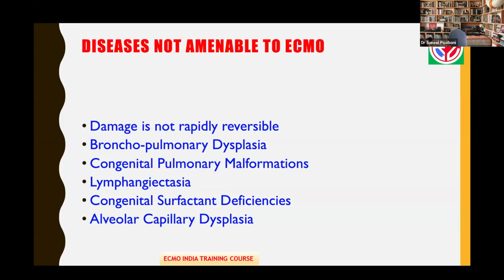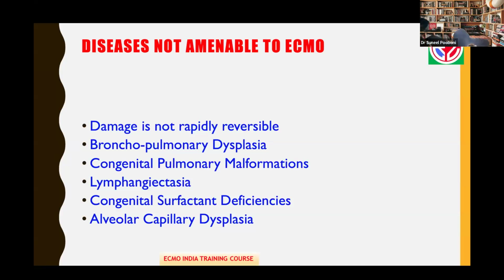Some of these conditions are congenital pulmonary malformations, lymphangiectasia, congenital surfactant deficiencies, and alveolo-capillary dysplasia. Immediately after birth, they are not diagnosable, but they all present with secondary pulmonary hypertension. So we tend to put them on ECMO as well.